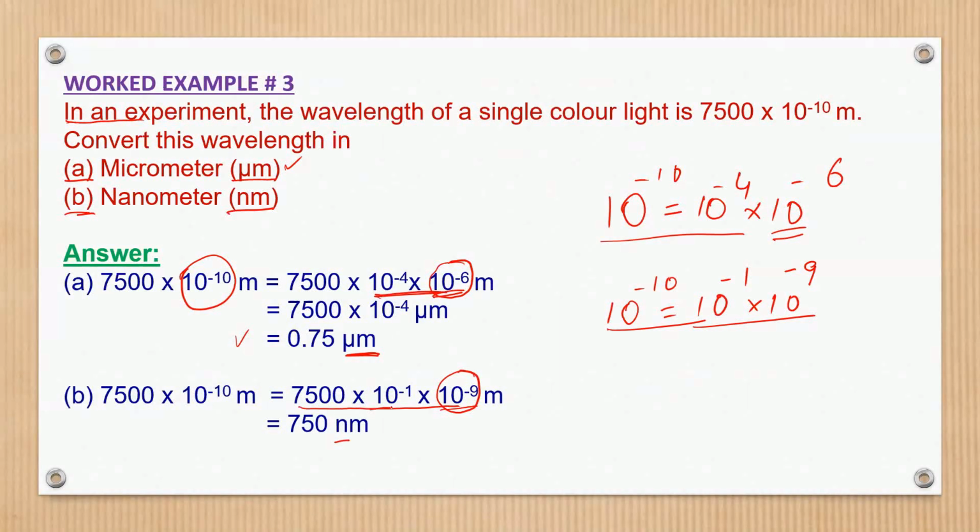That's going to be 750 nanometers. So that's again very simple method to just convert into required unit and prefix. So that's easy way to change into the prefix in a simplified way.